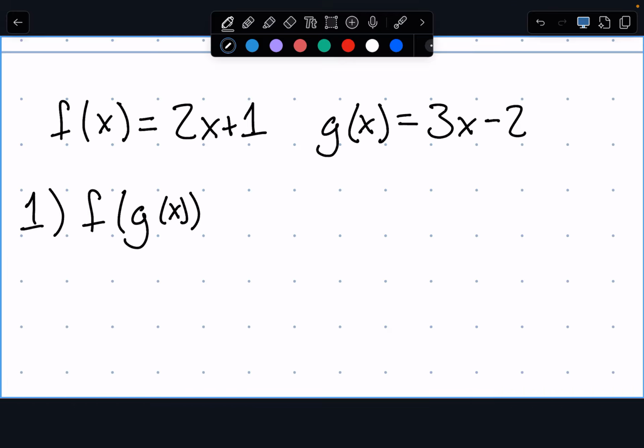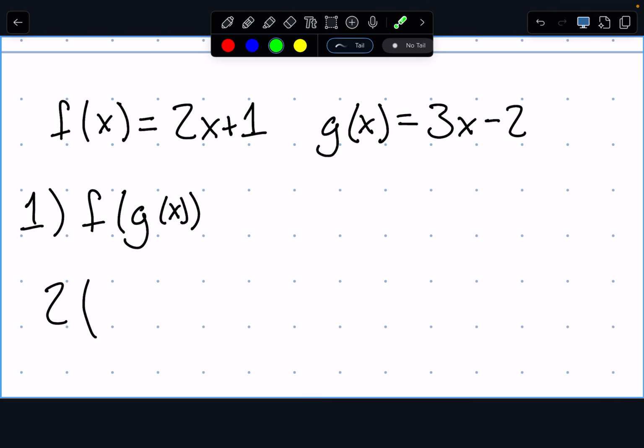It's just like if we were given a number to put in place of x. We're going to take the entire g of x function and replace x with it.